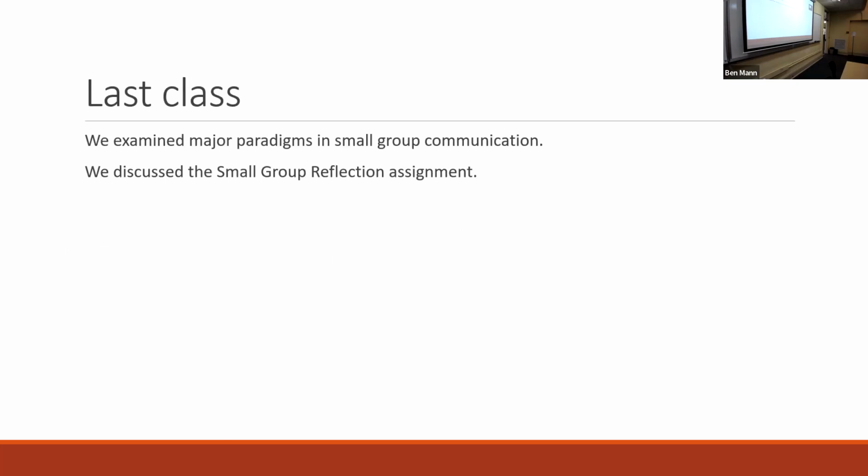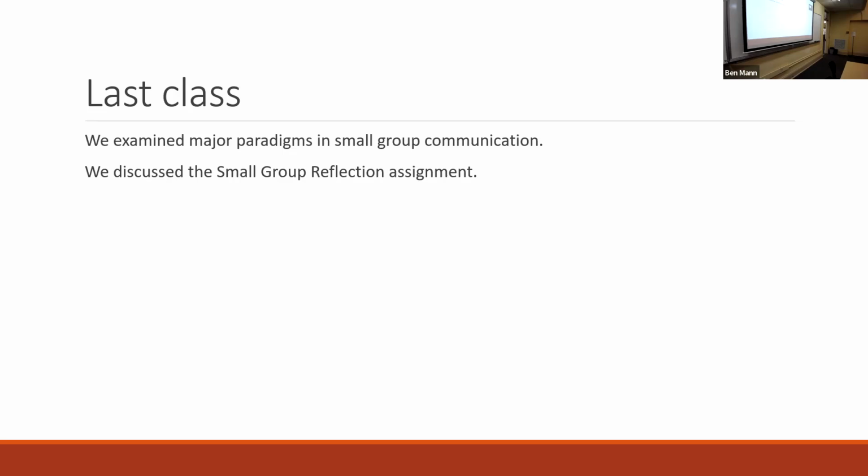So if we think back to last week, we took some time to discuss some of the different paradigms of small group communication. So in other words, these are ways of thinking about how small group communication works, whether it's a rhetorical approach, examining the role of persuasion, or it's an approach that's thinking about members of a group like cogs in a machine.